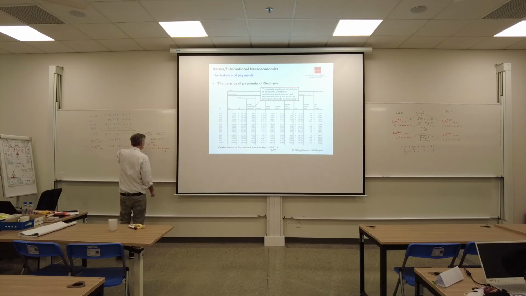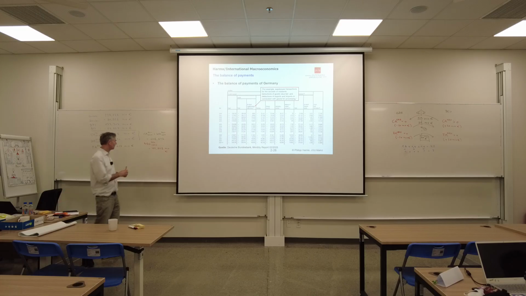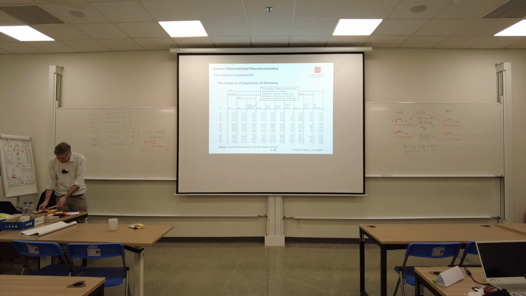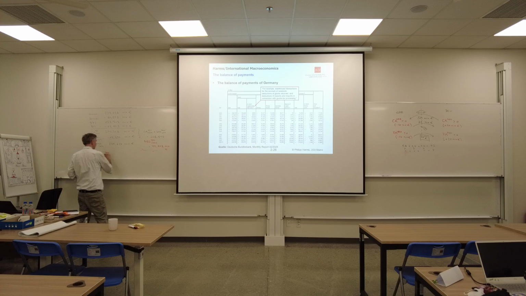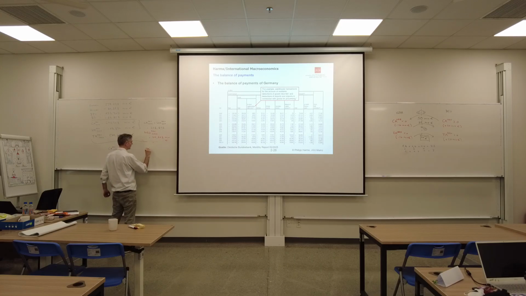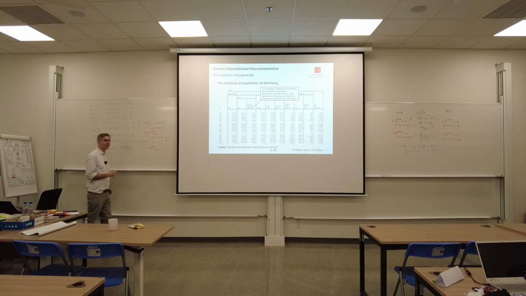The bottom line is, that's the last thing I'll bother you with before the lunch break. Oops, those red pens are dangerous. The bottom line is the German current account balance plus the German capital account balance should be equal to the financial account balance in Germany, but it's not.